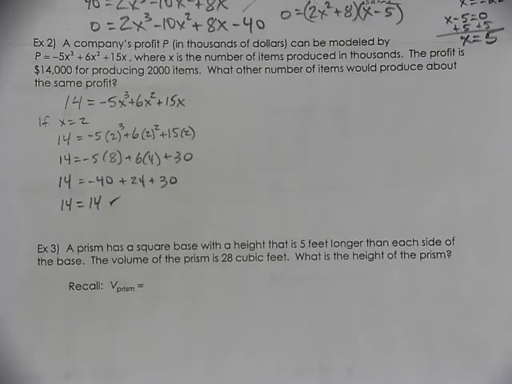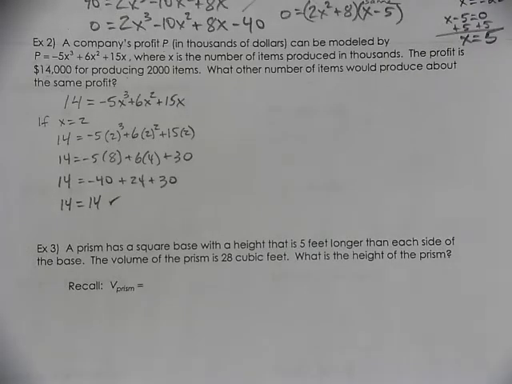They told us it was going to be 14. That was the whole problem. They said when you use 2 or 2,000 items, you get 14 or 14,000. So yes, 2 works. We knew that. The question is, what else works? If we want to be totally random, we could try 1.